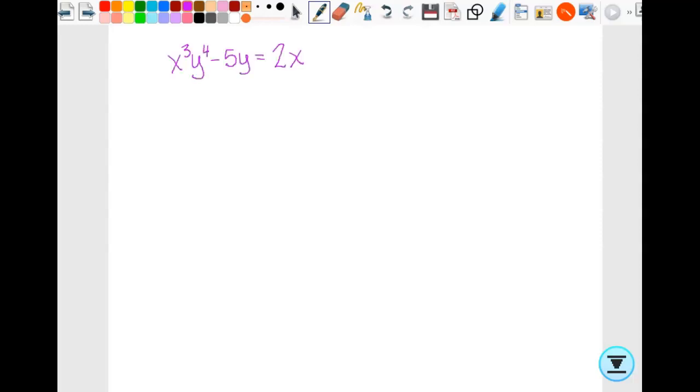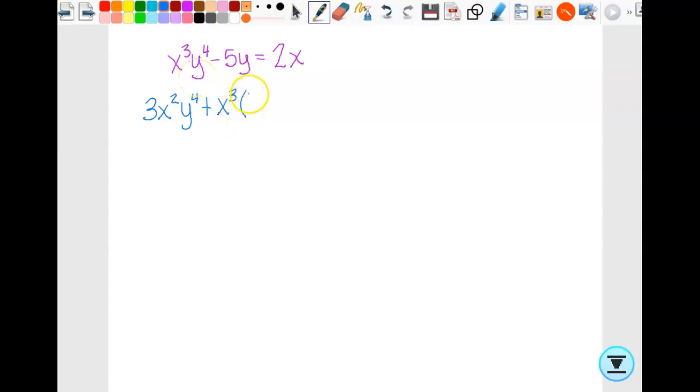Okay, ready? So follow along. The first thing you need to think is, this is a product. I need to use the product rule. So I take the derivative of the first. That's 3x squared. It's technically 3x squared dx/dx, but you don't write that because it's 1. So I took the derivative of the first times the second, plus the first, which is x cubed, times the derivative of the second. Anytime you take the derivative of something with a y, you have to put the dy/dx on it.